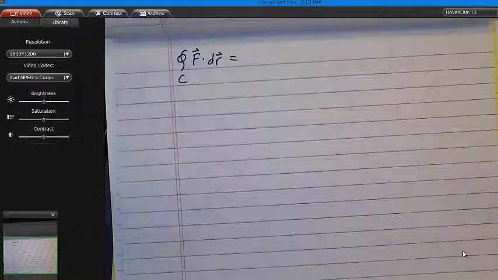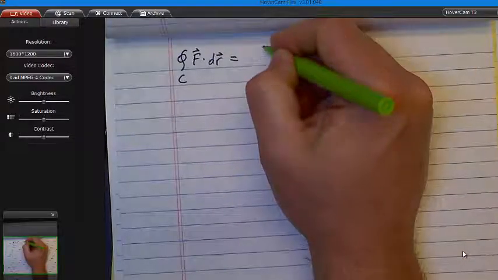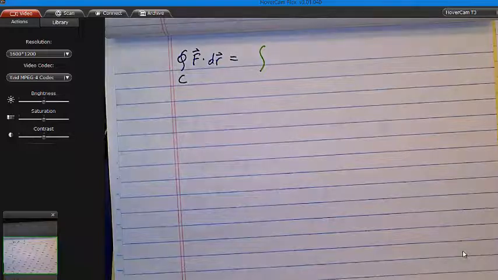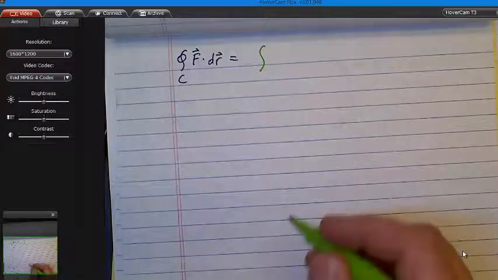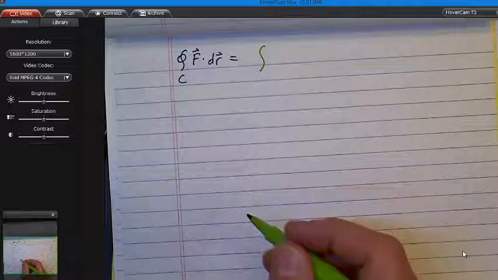So let's see. F dot dr would be the integral, and let's see, what was the original? Oh, I see.